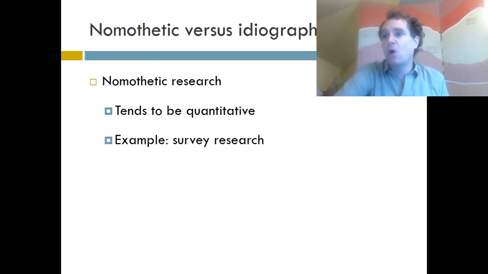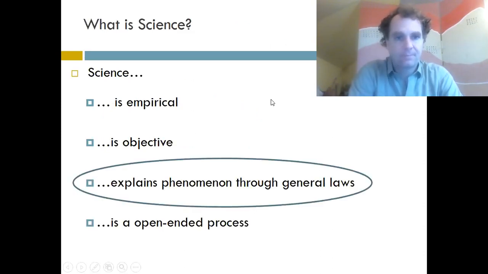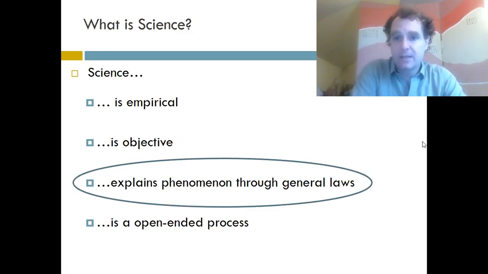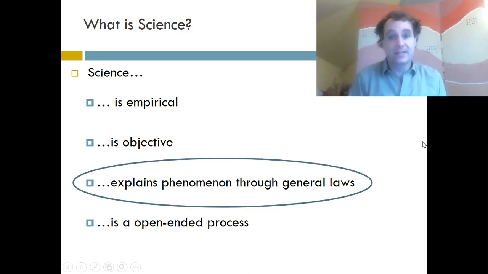And so really here the goal is to use research to find general laws, large scale generalizations. It tends to be macro oriented. And in this way, we can see that this is one of the aspects of what science is supposed to be.